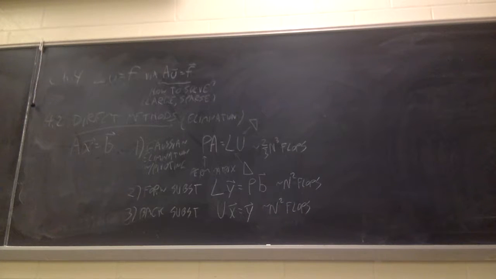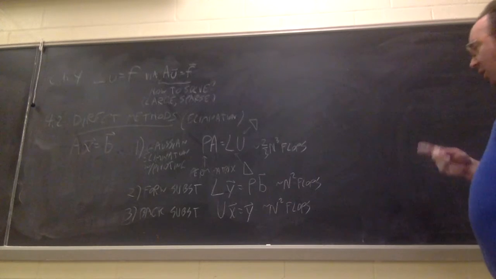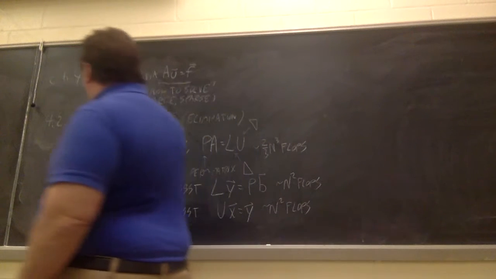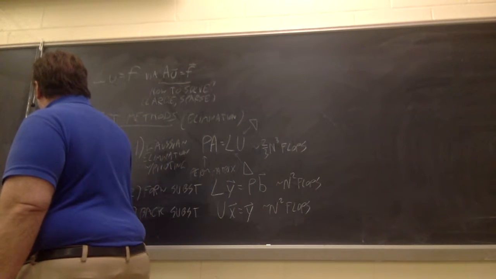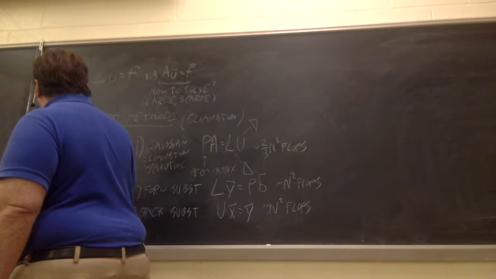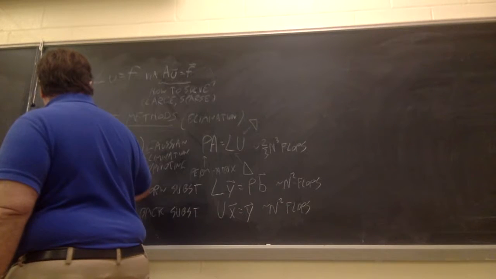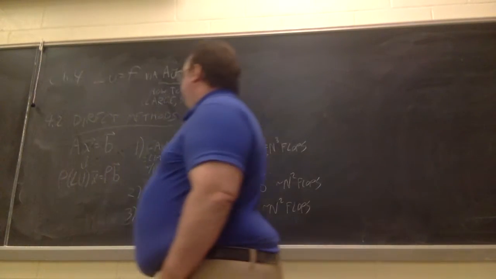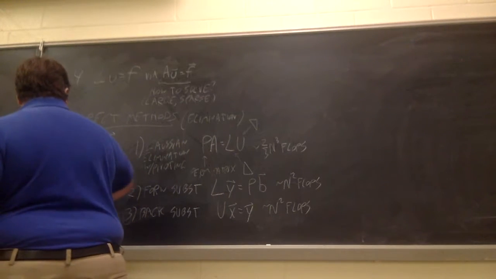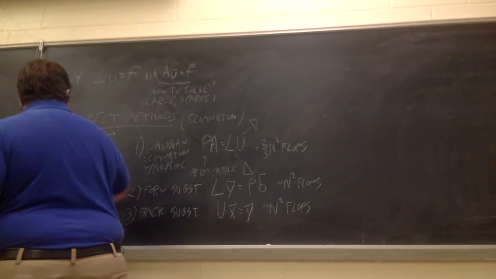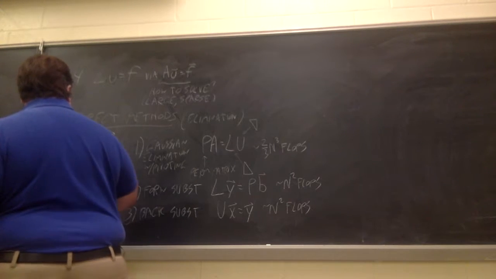And the easiest way to see why this works is if I go back to the original problem, multiply both sides on the left by P. And then replace, oh wait, that's not right at all. Okay.